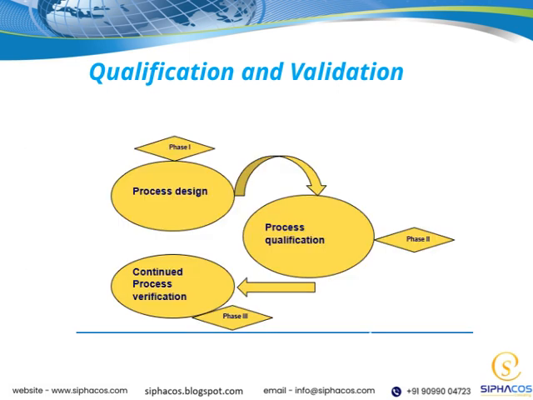Let's now turn our attention to qualification and validation, which are crucial steps in ensuring our processes and systems meet all necessary standards. Qualification refers to verifying that equipment, systems, or processes are properly installed and operate according to specified requirements. Validation, on the other hand, is about confirming that these processes consistently produce the desired outcome, ensuring the quality and reliability of our results.